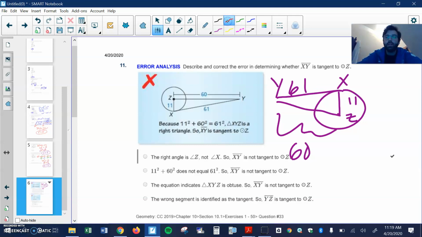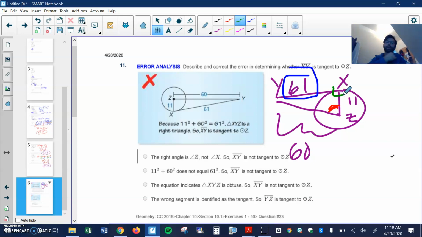I hear what they're saying. So based on this picture, 61 would have to be our C value because it's the longest side. That would make this angle here the right angle. Well, it's not the right angle. It can't be the right angle. The right angle has to be here.